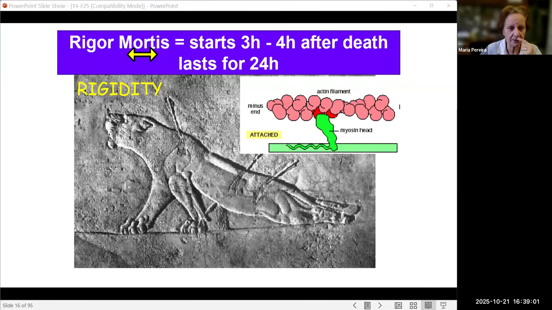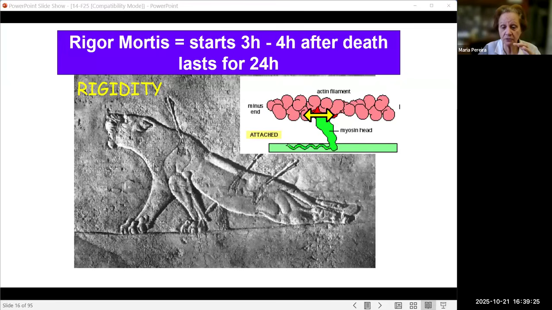And why does this happen? This happens because when a person dies, there's no more ATP being produced, right? And if there's no more ATP being produced, that means the muscles stay in a state of contraction because you have the cross bridges being formed.